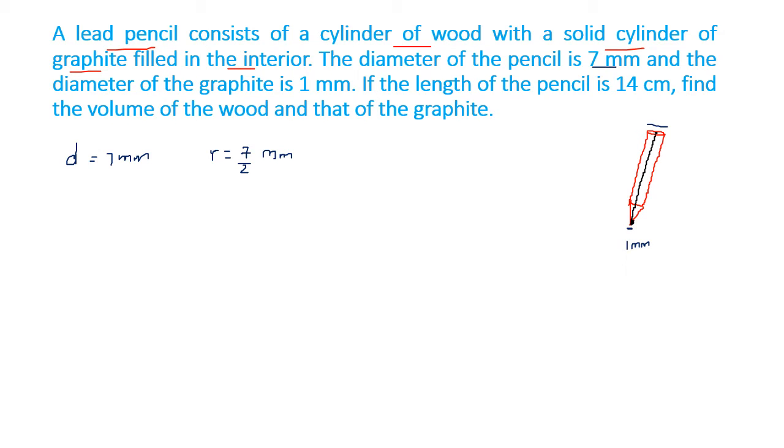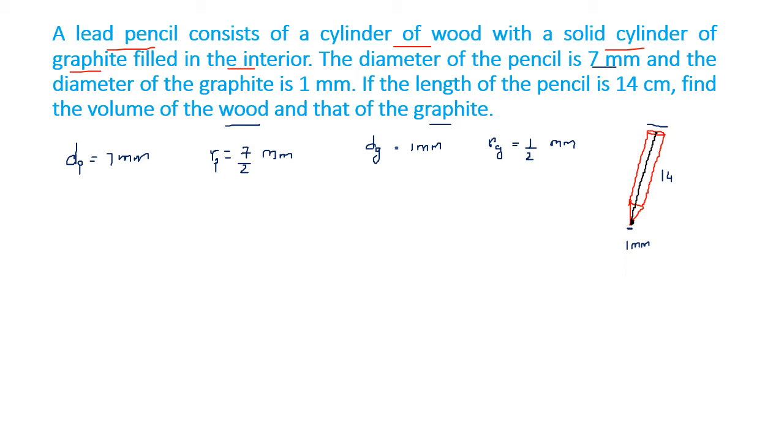So the radius of graphite is 1 by 2 mm. Now the length of the pencil is given as 14 centimeter. Find the volume of the wood and the volume of the graphite.